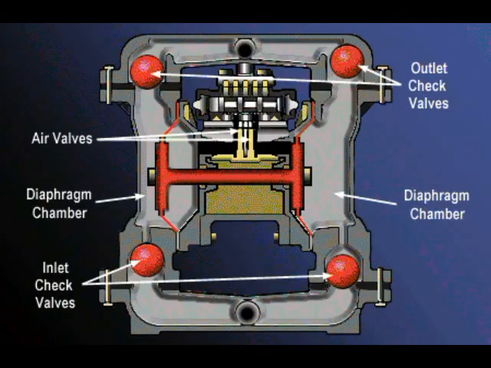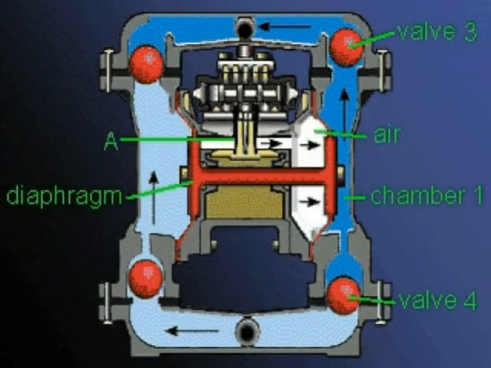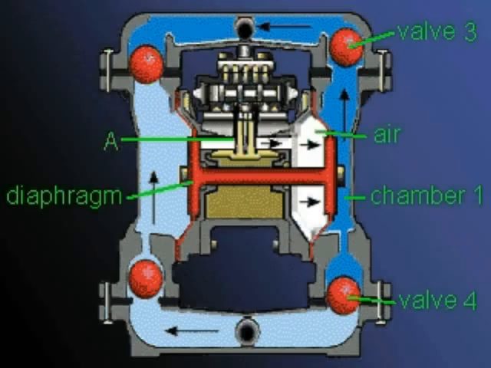The air valves are important to the operation of this pump. In fact, the air valves control the entire operation by alternately pressurizing the inside of one diaphragm chamber and exhausting the air from the other one. The compressed air enters at point A and is directed by the air valve alternately into chamber 1 and into chamber 2.